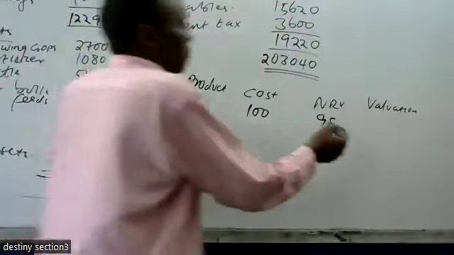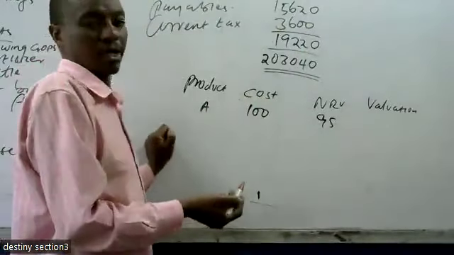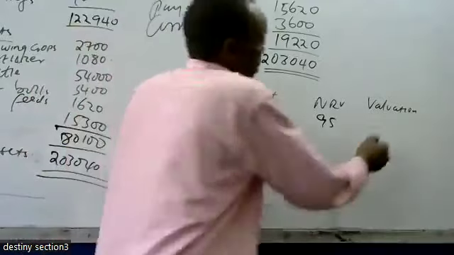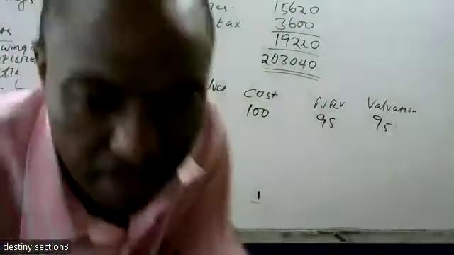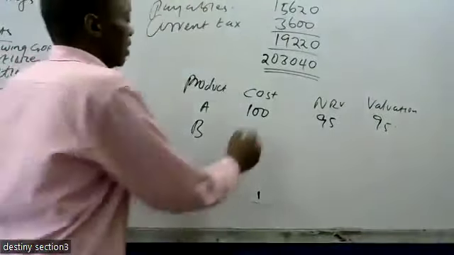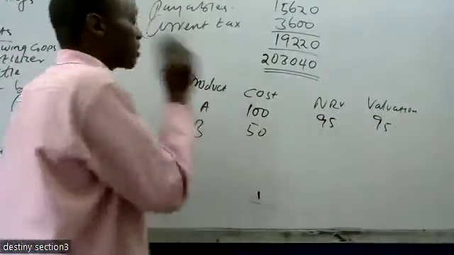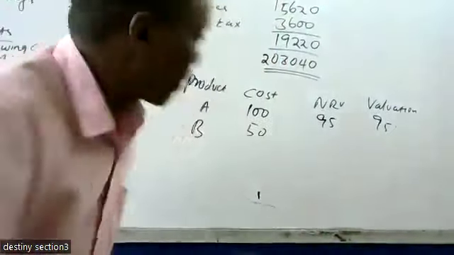95. So valuation, the lower of the two. So A should be valued at 95. B, what is the cost of B? 50. Net realizable value, after you subtract the cost to sell from the realizable value, 55.